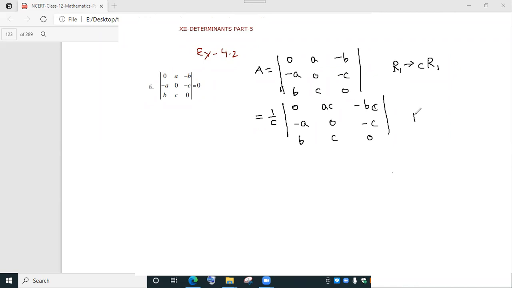Then we will apply R1 minus b times R2, so that this will become 0, with 1 by c outside.